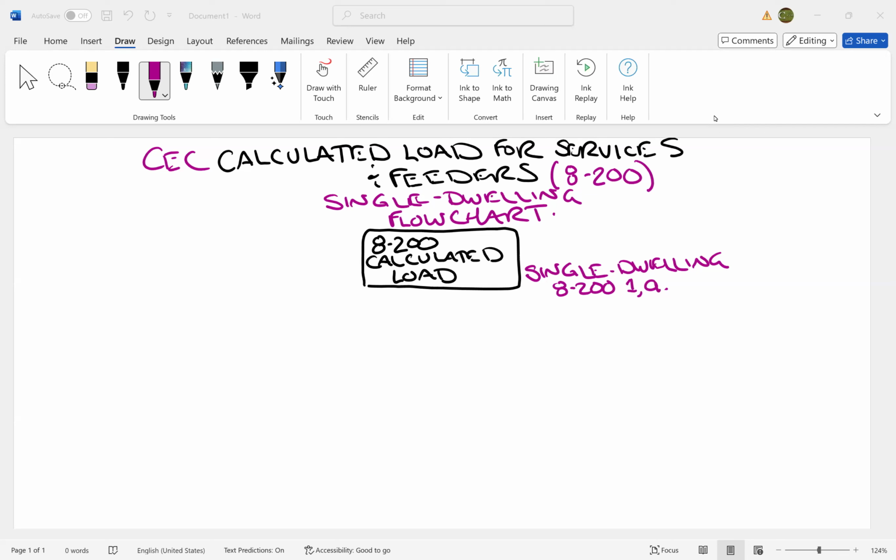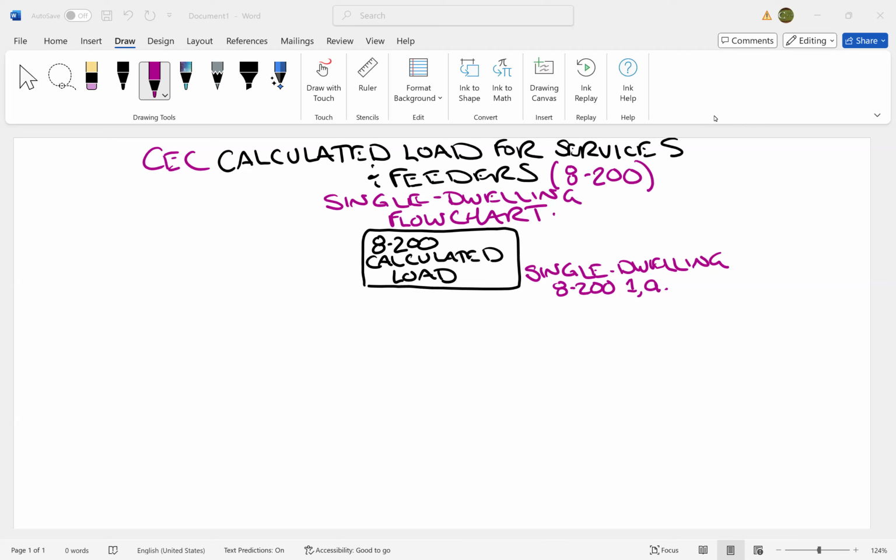And in order to come up with the calculated load in watts per Section 8, Rule 200, calculated load for a single dwelling, we are now going to add. So we need a really great marker here to say we are going to add. We're going to add this one or this one for the floor plan. We're going to add the heating or cooling load, whichever one was higher. We are going to add either the small or large electric range.